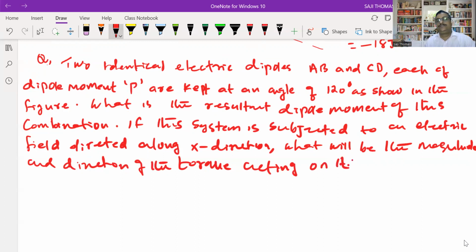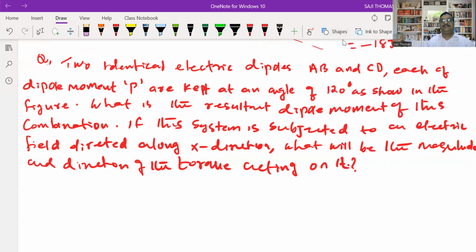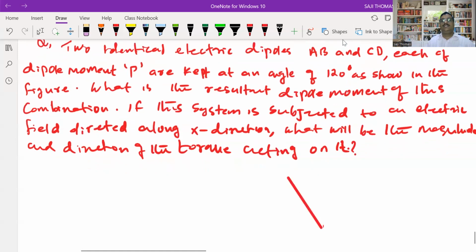So this is a question. So here diagram is given. Two electric dipoles, diagram given. This is one electric dipole. Charges are plus Q, minus Q. This name is CD.